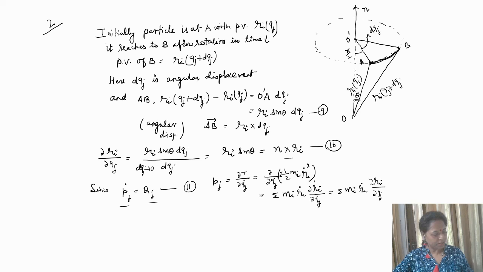So we'll take it as summation mi Ri dot, and in place of delta Ri delta Qj, it is n cross Ri, and you may put the dot product here because it is also a vector quantity.